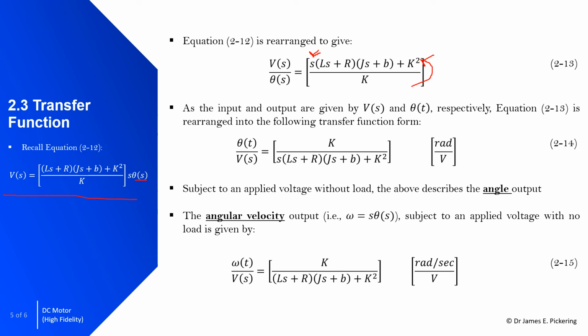If we multiply this equation by s, what we end up with is s theta s on the top here, which is your angular velocity, and the s that was given here originally would cancel with the s you multiplied by the numerator, and then that would be radians per second per volt. So that there is your angular velocity. These two equations are very, very important, because this equation here is for the angular output or the angle output, and this one here is for your angular velocity.